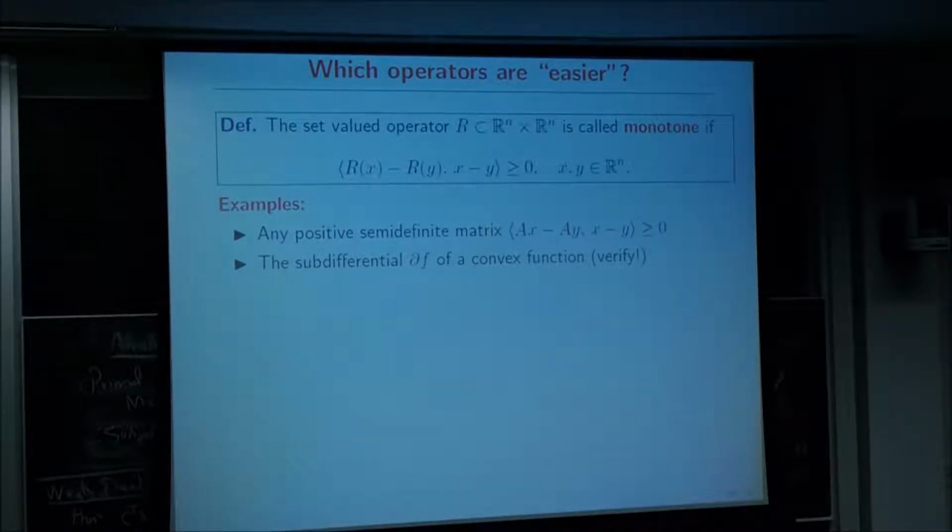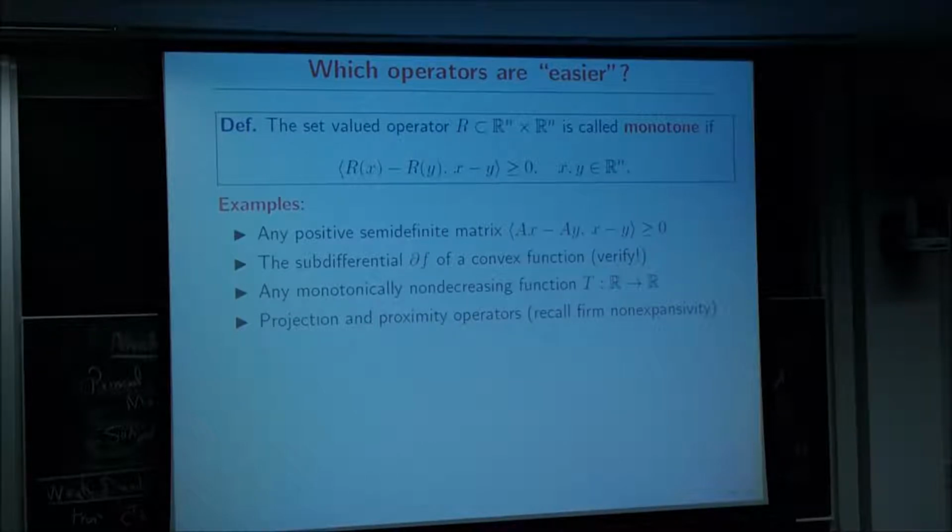That is equivalent to f being convex, the subdifferential being monotone. On Rn something more happens, but it's not so interesting. And actually projection and proximity operators also satisfy this monotonicity property, and you have seen that in the prox operators lecture when Yao-Liang probably talked about non-expansivity of prox operators.